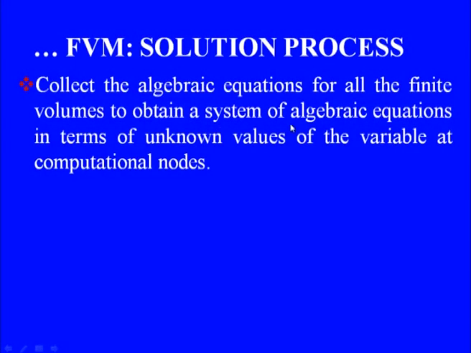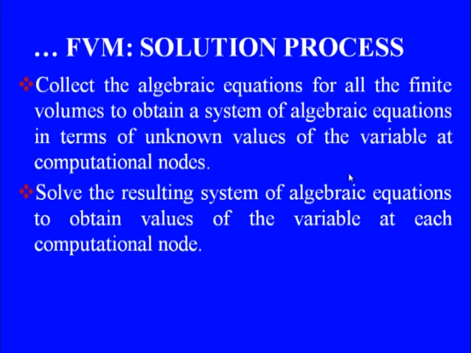And once that is done, all that we need to do is collect the algebraic equations for all finite volumes to obtain a system of algebraic equations in terms of the unknown values of the variable at computational nodes. Depending on the nature of that system, we can use a linear solver or a non-linear solver. So all that we need to do is solve the resulting set of equations to obtain values of the variable at the computational nodes, and if we want to obtain what we call dependent variables, for instance the ones which are defined in terms of gradients of our basic variables, that can be done at the post processing stage.